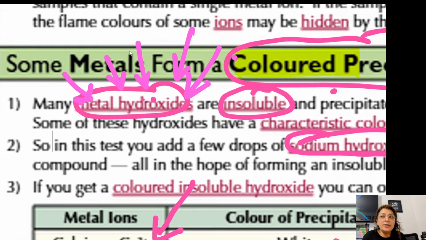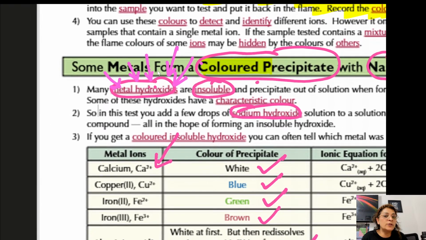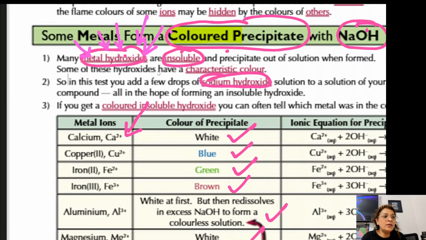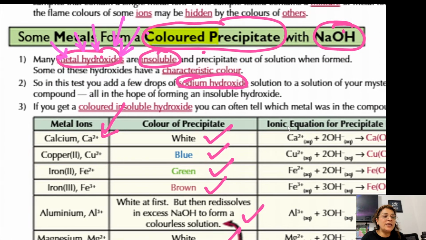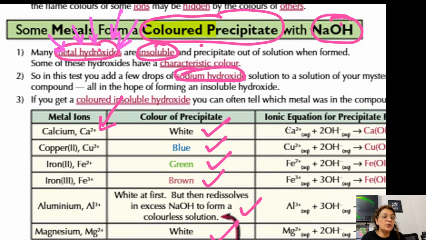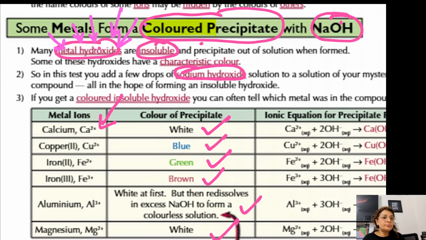Can you see my screen? Metal hydroxide is insoluble. What will be the state symbol if it is insoluble? Liquid, gas or solid? Okay, state symbol is solid, S. So it will be S, not aqueous.